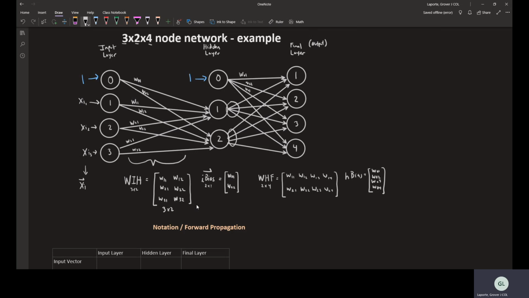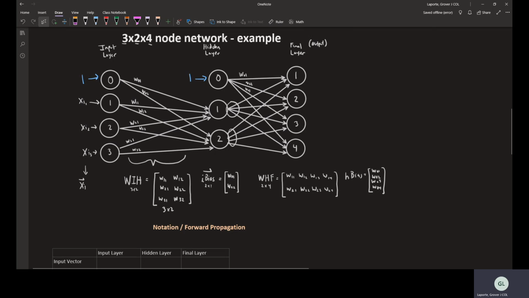And then what we're going to do is the same thing that we did with the perceptron network. We're going to take xi1 and multiply that by W11, and that's going to be the part that comes into something in here. Before, when we were doing the perceptron network, we added all these up: xi1 times W11 plus xi2 times W22 plus xi3 times W31, and the W01 times 1, right?